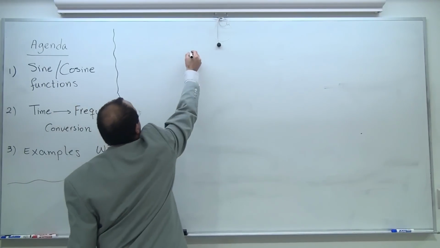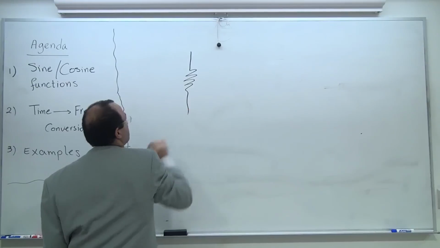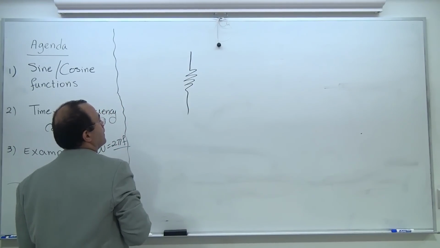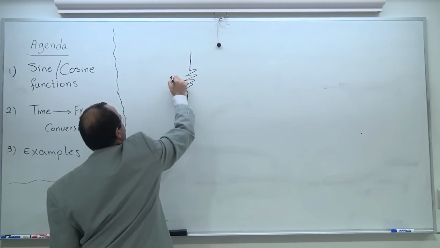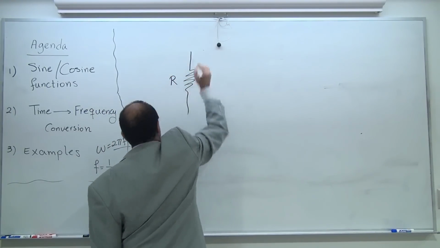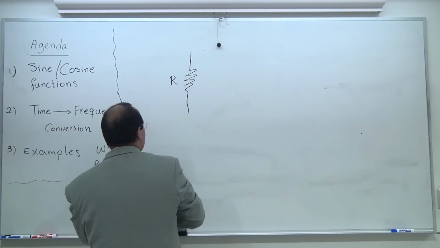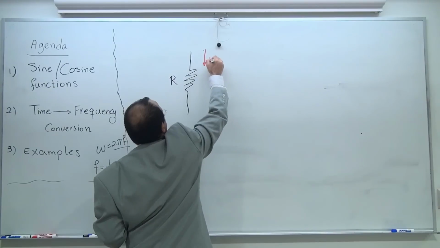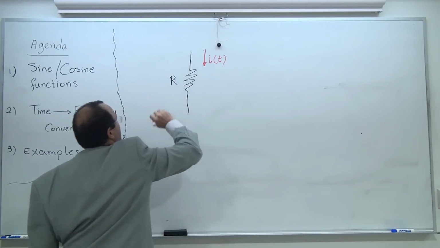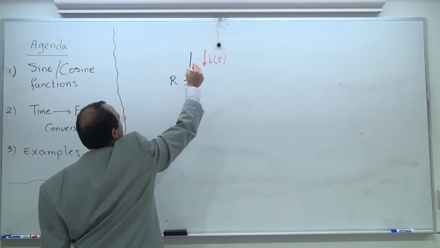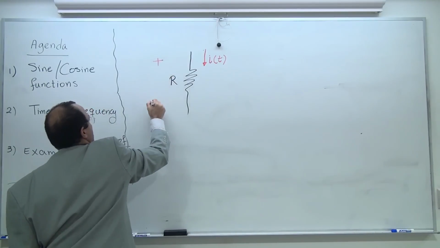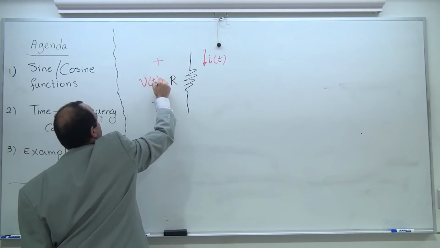Now here's my resistor. This has a value of R. The current that goes through this is going to be i of t. I choose small letters, and as soon as the current goes in, according to Ohm's law, it's going to be plus minus v of t.